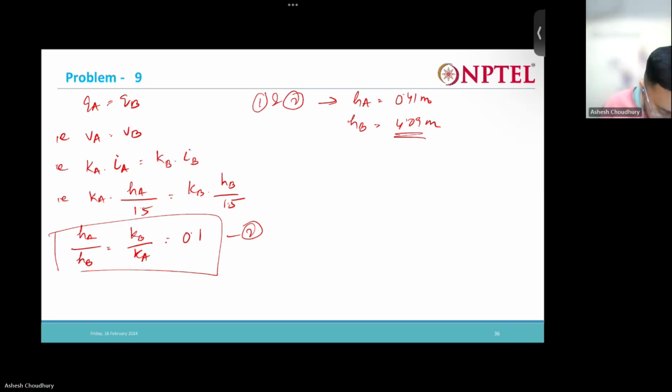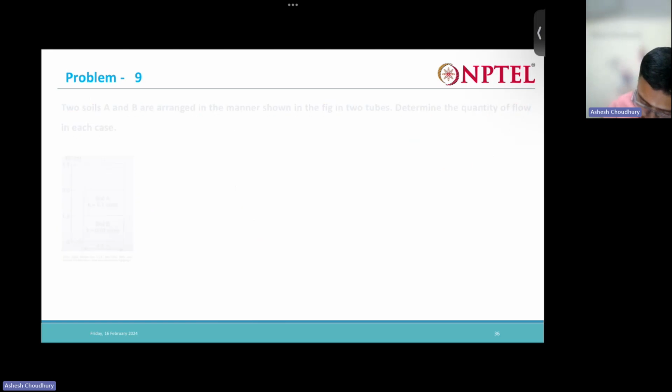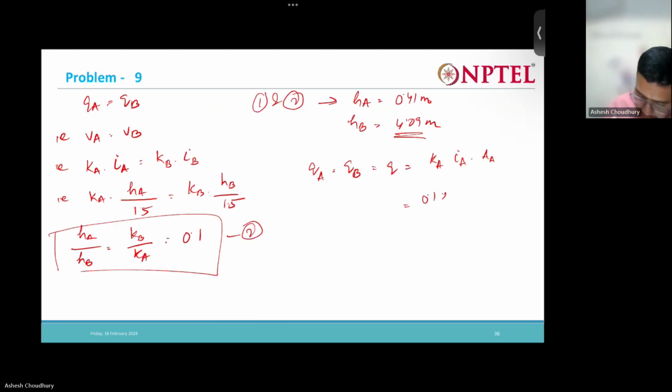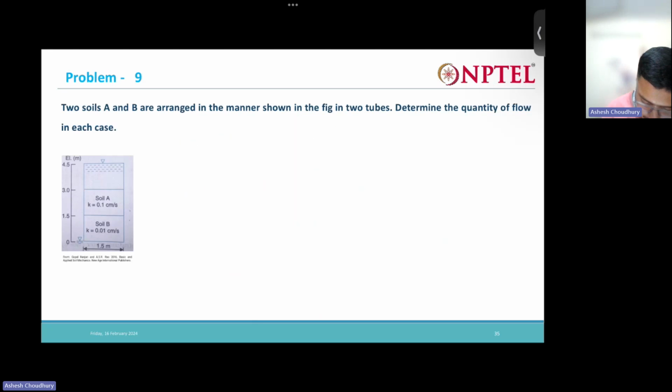Now easily you can find out Q. QA will be equal to QB is equal to Q, which is KA into IA. K is 0.1, and IA will be nothing but the same 1.5.